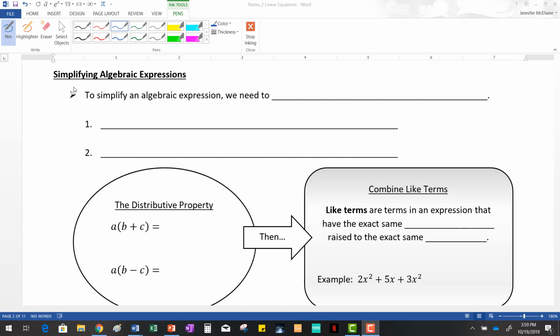Our last topic for the day is simplifying algebraic expressions. Unlike evaluating, when we simplify algebraic expressions, there will not be a value that we need to substitute in for the variable. There won't be one available. So, to simplify an algebraic expression, we need to perform all possible operations.